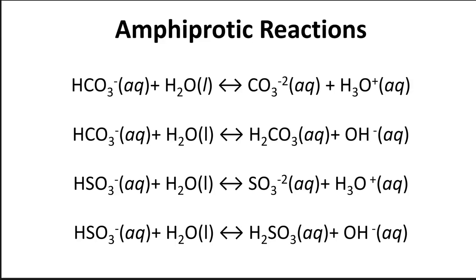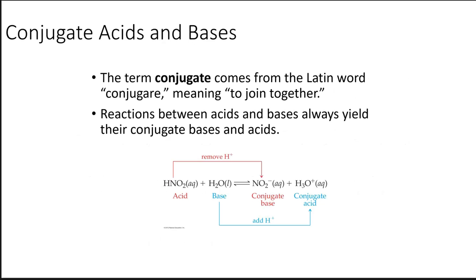Now, when we talk about writing dissociation reactions involving acids and bases, we often use the term conjugate to indicate where the ion that results as a product came from. So here we've got nitrous acid, which is an acid, reacting with water, which is, in this case, behaving like a base.